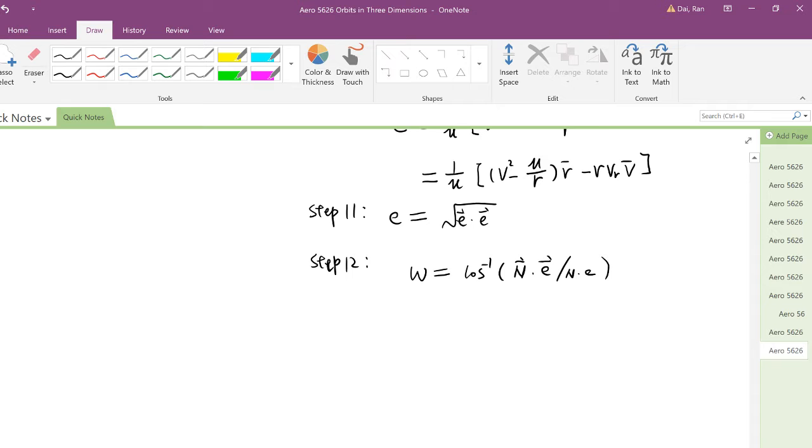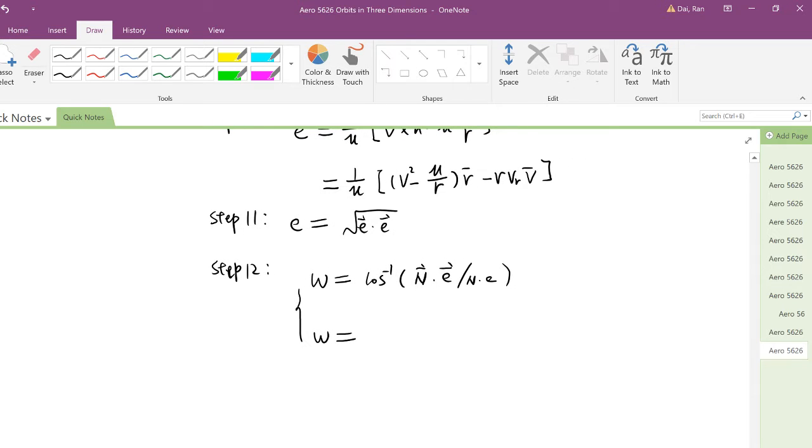And that requires us to identify their quadrant according to the EZ value. So if the EZ value is larger than or equal to 0, it is in the first or second quadrant.